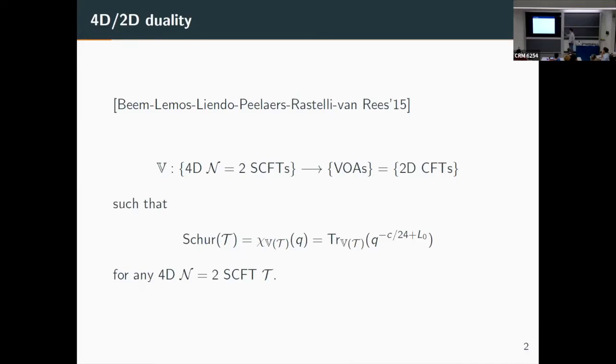But in vertex operator algebras, the Hilbert space is an irreducible representation of the vertex operator algebra. So you can use the representation theory of VOA to compute this important invariant. And let me show some properties of this functor.